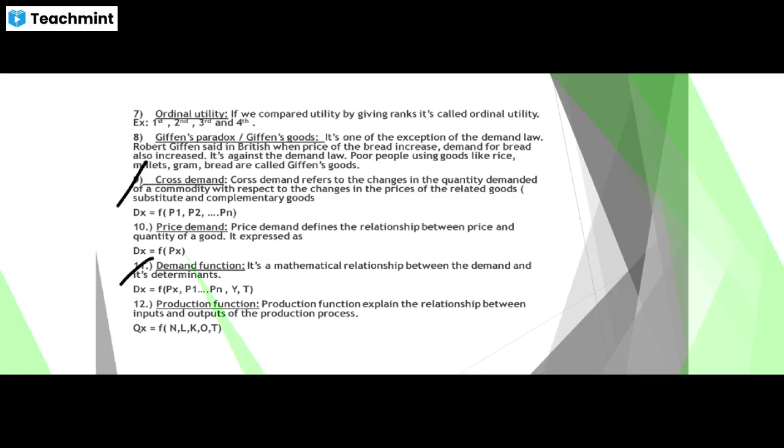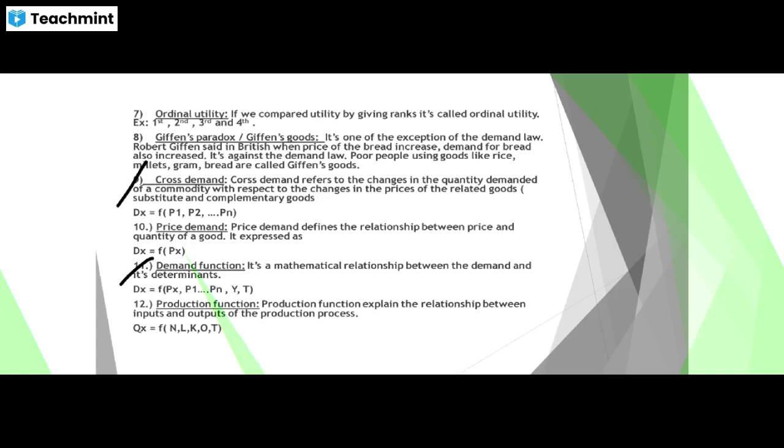And if you see the 11th one, demand function. Demand function is a mathematical relationship between demand and its determinants. So it is a relationship between demand and demand determining factors. So what will decide the demand? Here Dx means x good demand.